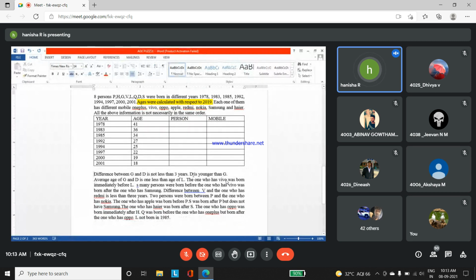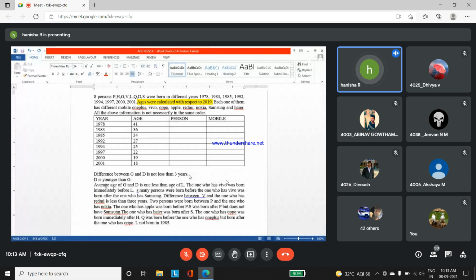Before going to the clues, I'm going to split the clues into points so that it will be easy for us to solve, as well as we do not miss out any of the points here. So we'll just do it here. We're going to split the points.